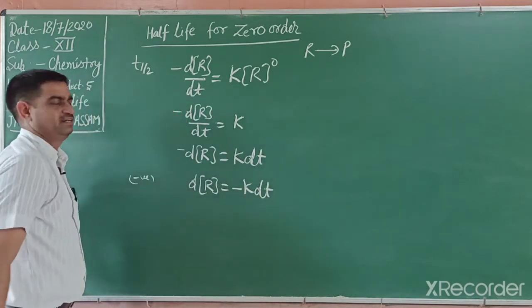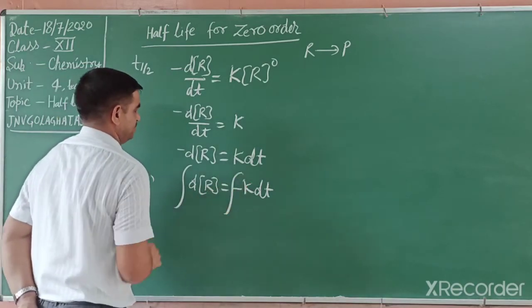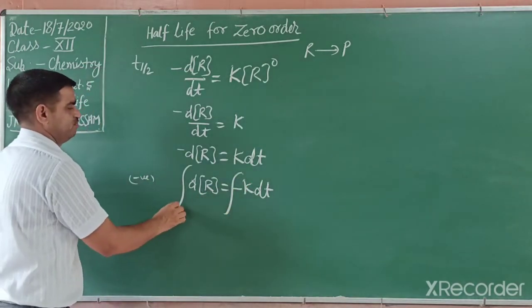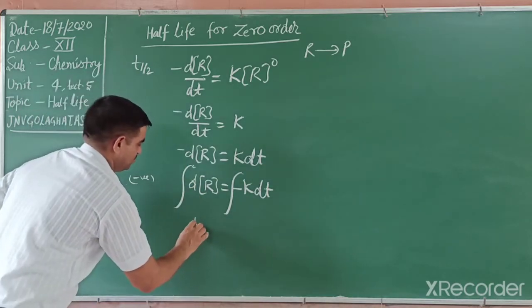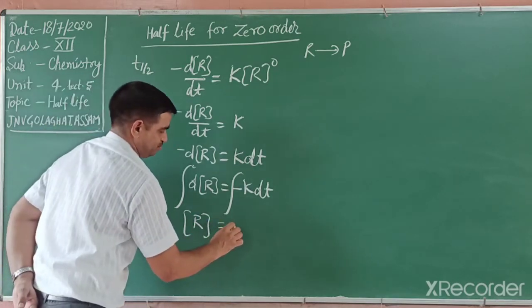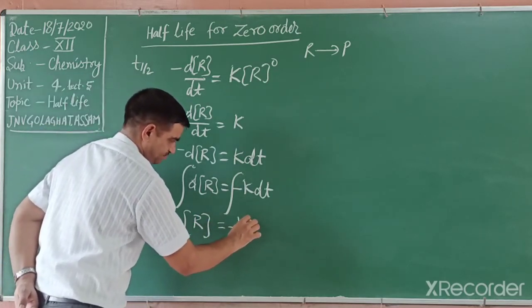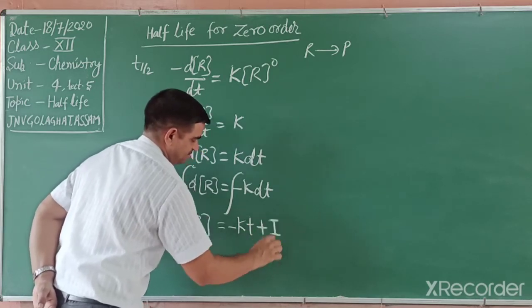Then taking integration both sides. So students, this one is symbol of integration. Taking integration of both sides, then we write integration dx is x. So this one is R. Concentration of R is equal to minus kt plus integration constant I.